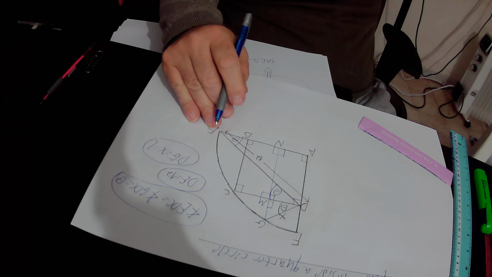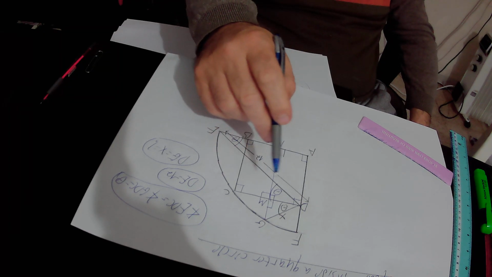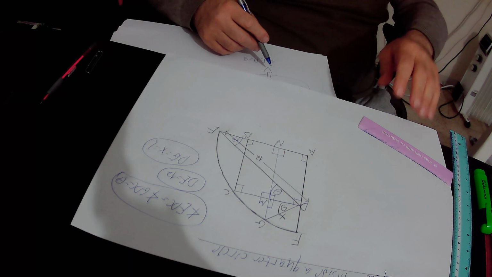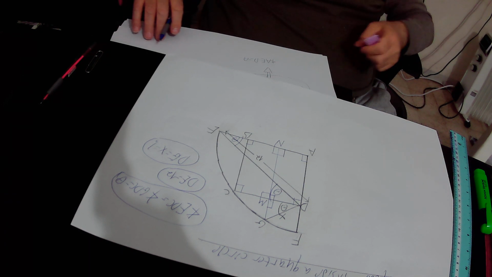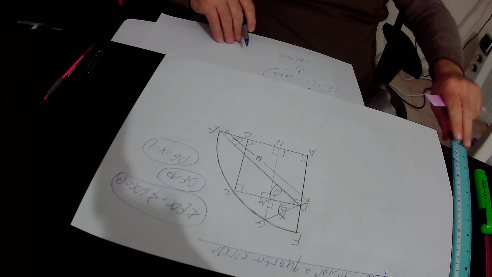In the next step, we'll focus on the right triangle DGM. So I copy the right triangle DGM in a new page, and we'll analyze it.